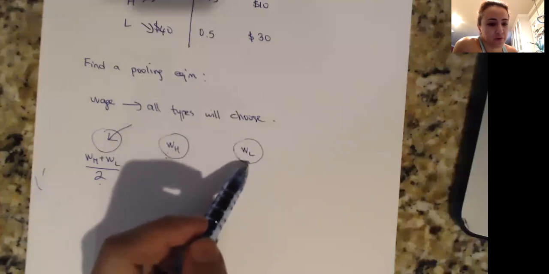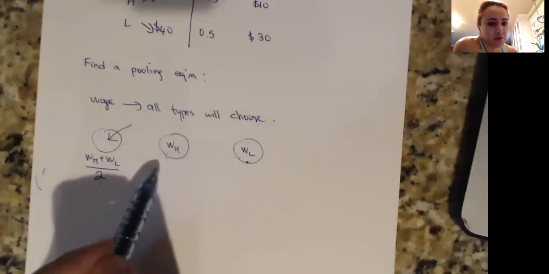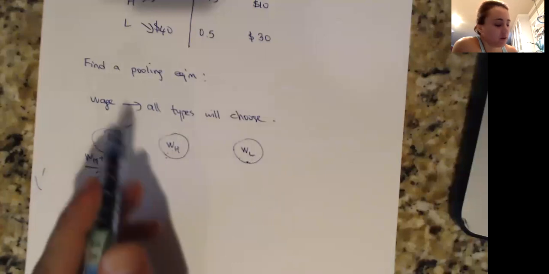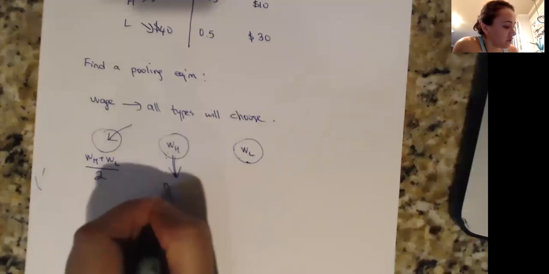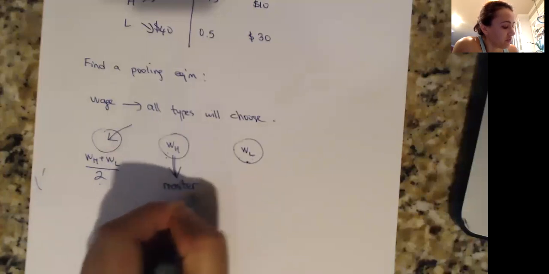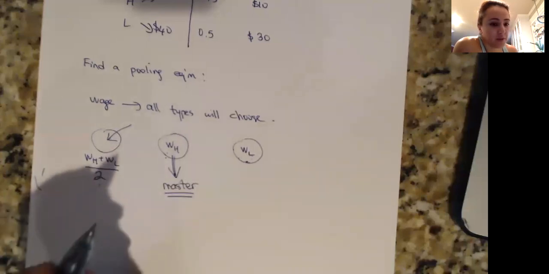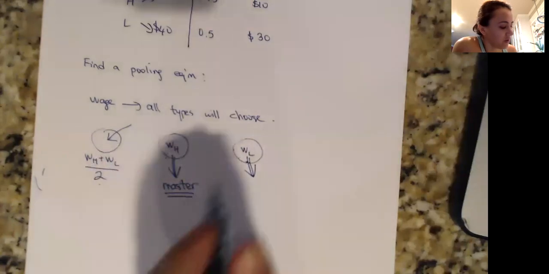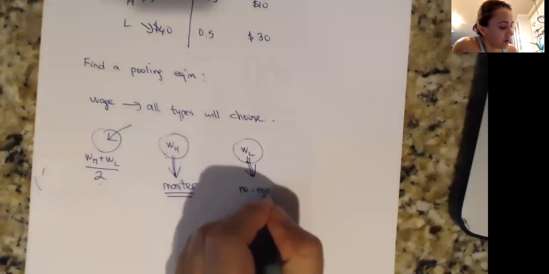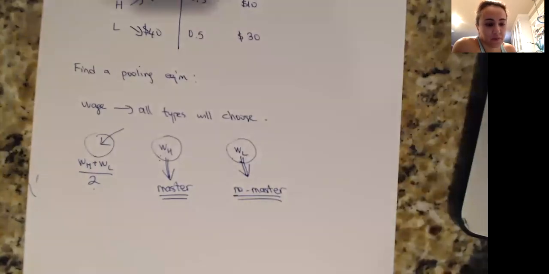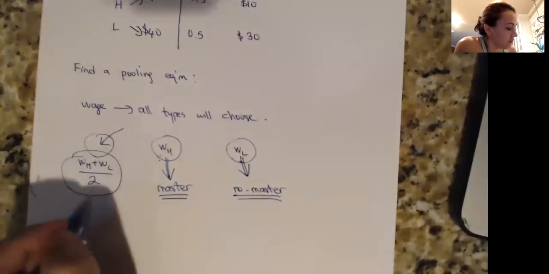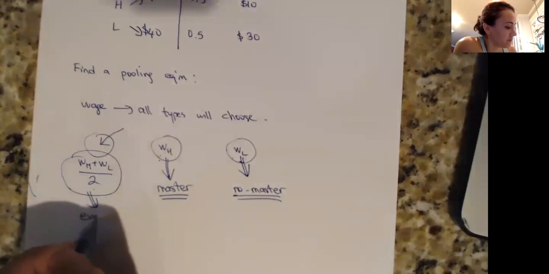But of course, in order to get the high wage, the workers need to prove to me that they are high type. So I'm going to offer WH to people who have a master's degree, and I'm offering WL to people who have no master's degree, okay? And I'm offering this to everybody.